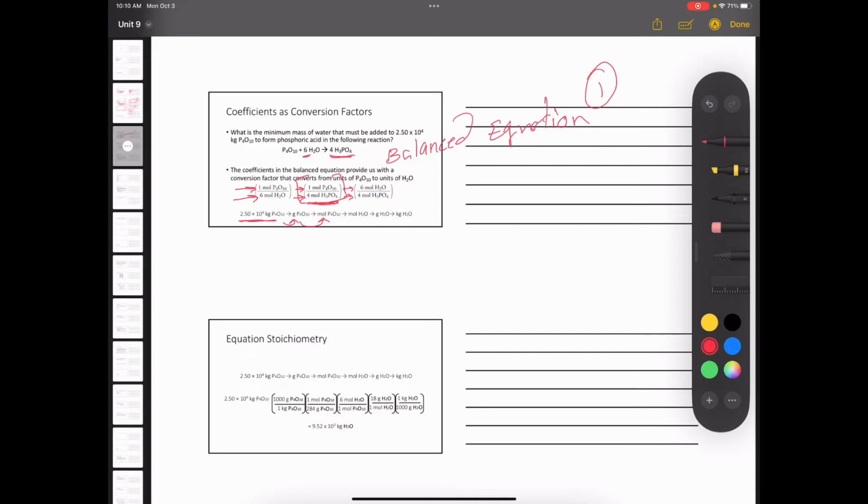So once I convert the grams of phosphorus oxide into moles, now I can use the relation between phosphorus oxide and water to convert the moles of phosphorus oxide into moles of water. Well, what is that relation?